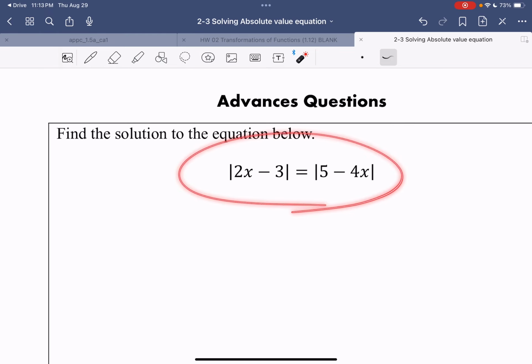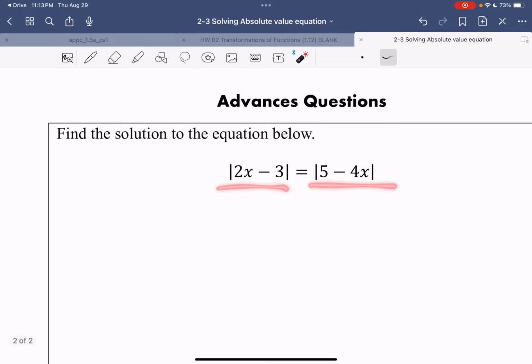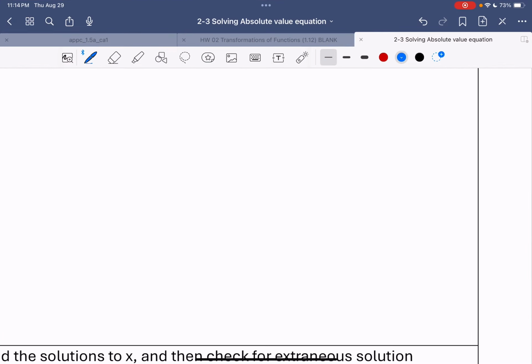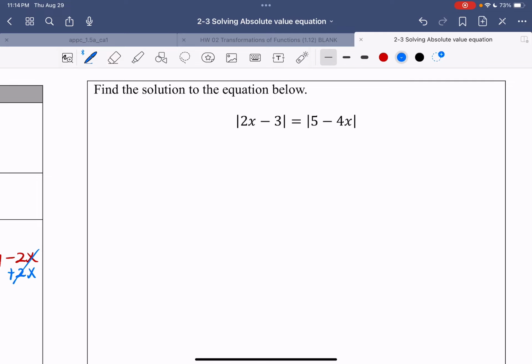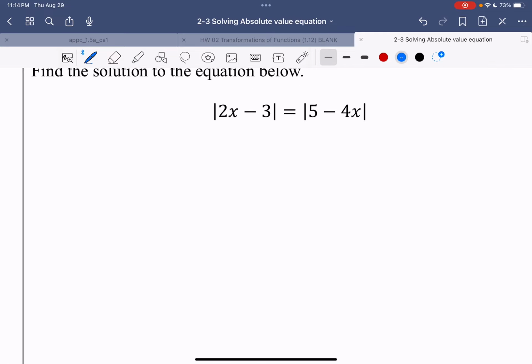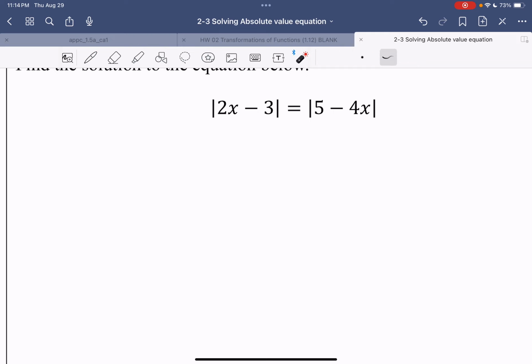So let's do this one. Now, do you see we have absolute value on both sides? So you may think, do we have to check like 4 times? Not really, because supposedly you have to, but I'll just tell you the hack. 2 answers are going to be exactly the same no matter what.